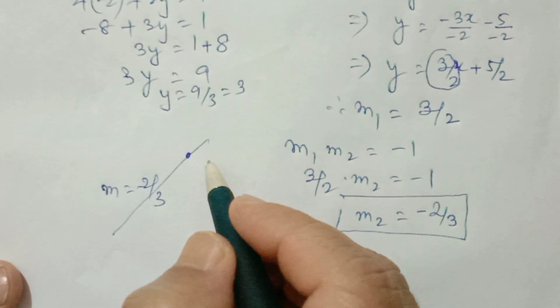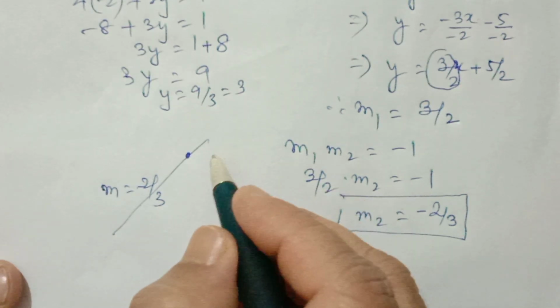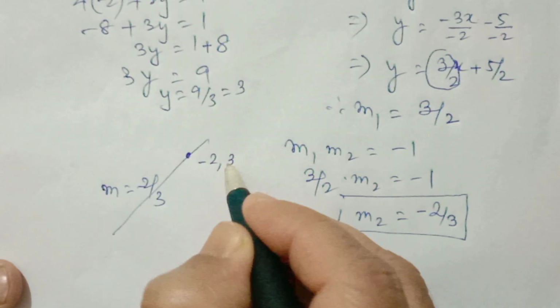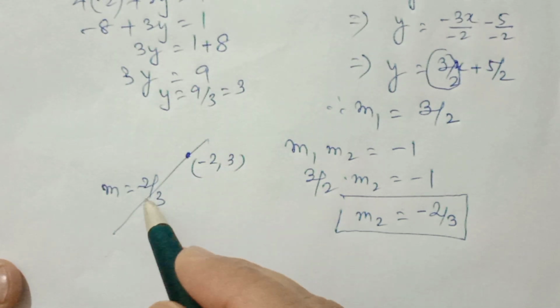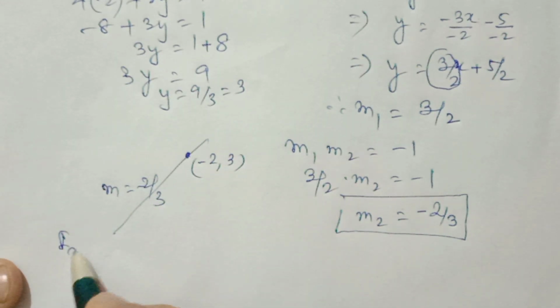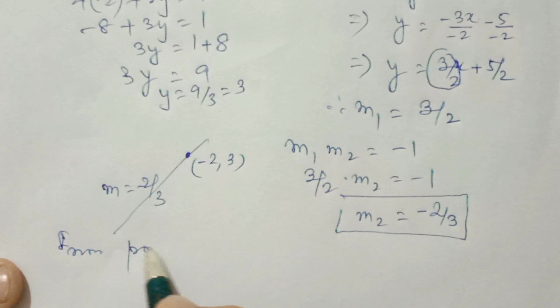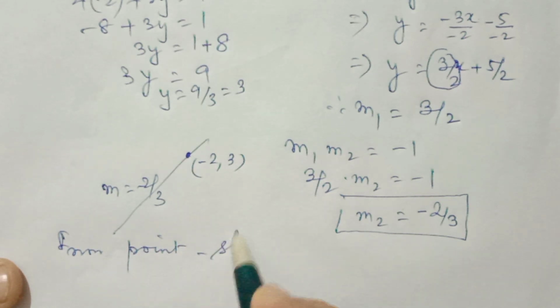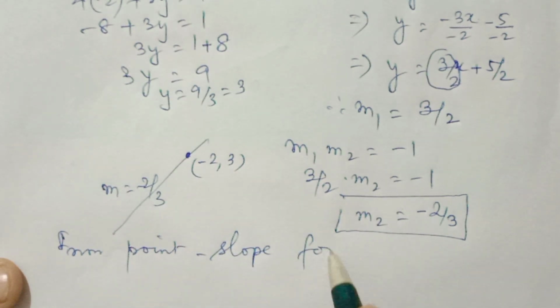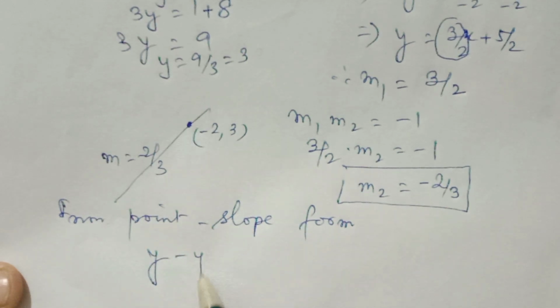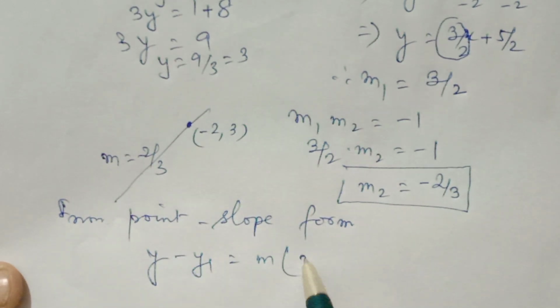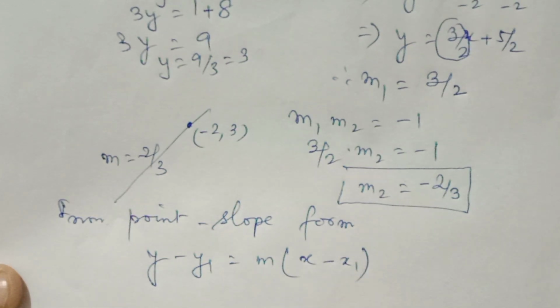So what is the point through which it is passing? -2 and 3. Now we will use the point-slope form. What is the formula? y minus y1 equals m times (x minus x1).